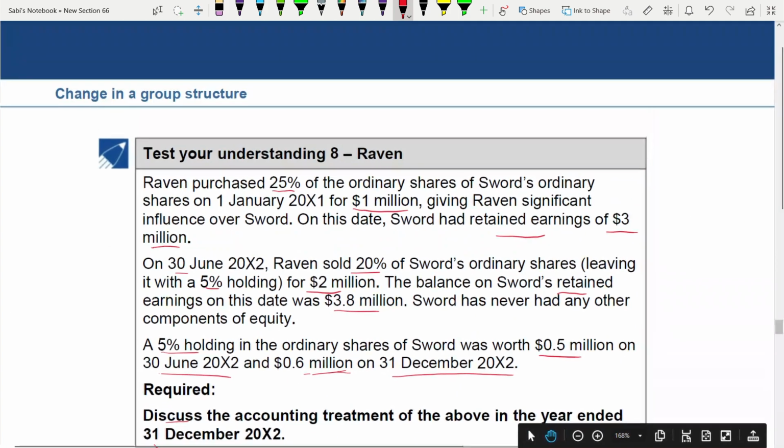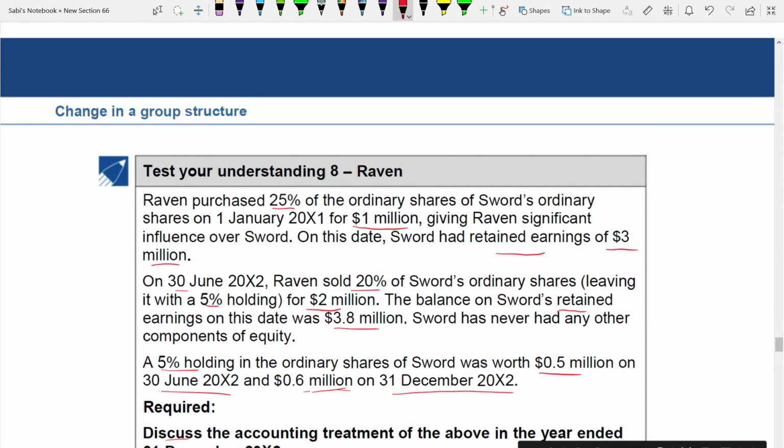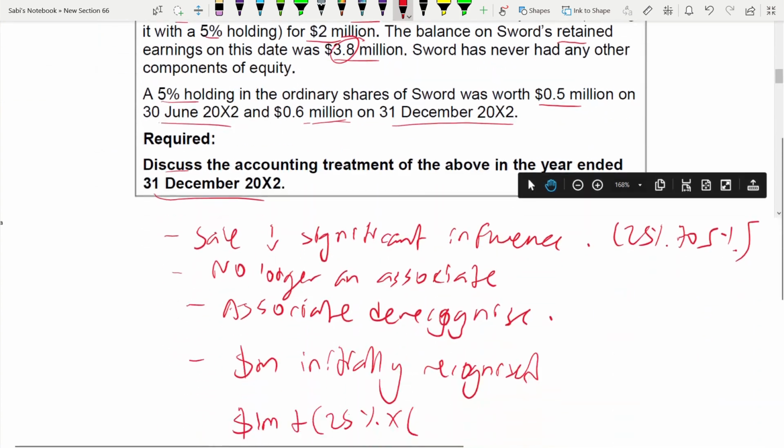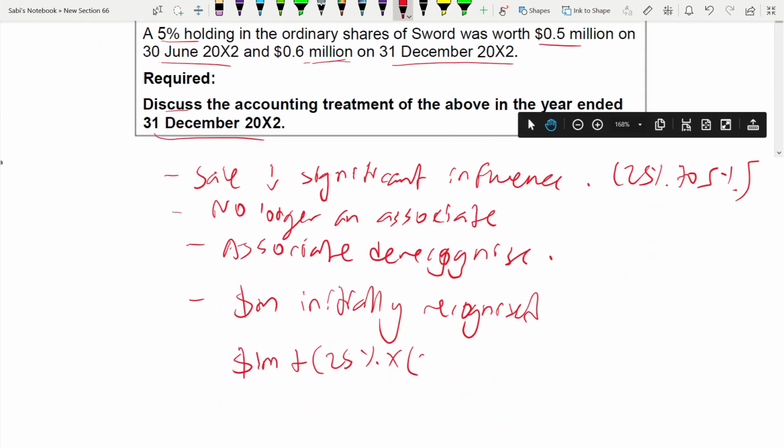See, profit is changing the retained earnings. Retained earnings when you acquired it was 3 million. When you disposed it was 3.8. So the change in retained earnings is the post-acquisition profit. So 3.8 minus 3, million. How much will it be? 1.2 million. Make sure that you get this 1.2 million on your calculator. You have to get it on your own. Don't just rely on my figure. Otherwise you will not learn it.